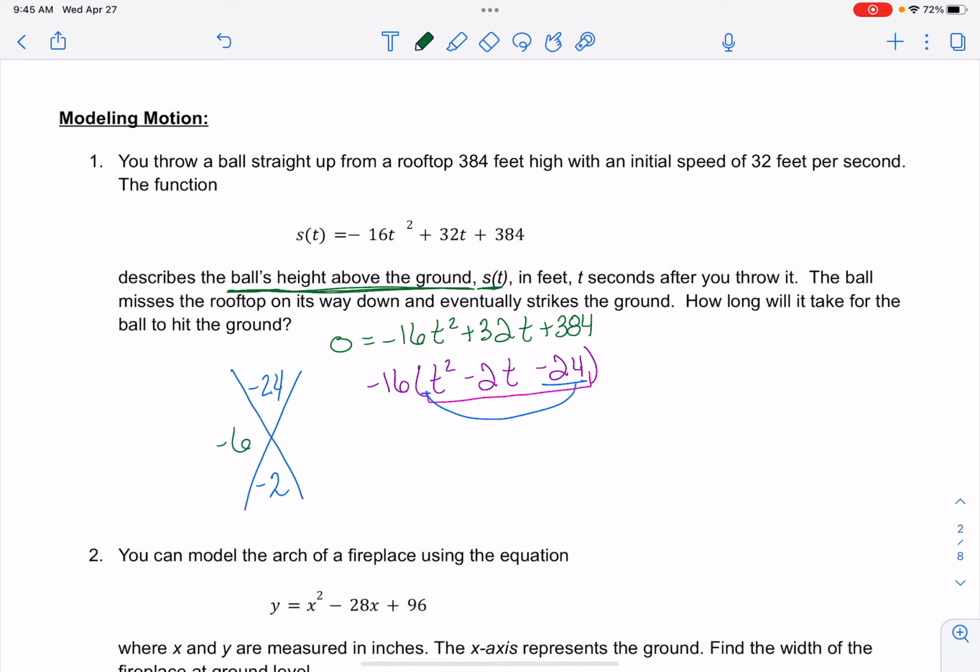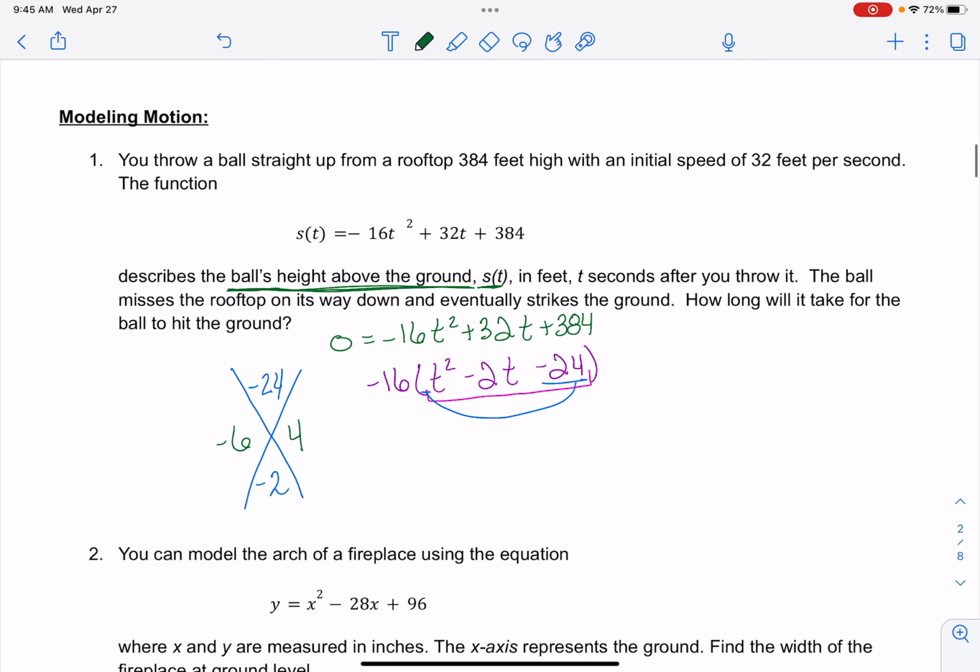In this case, that's going to be negative 6 and positive 4. Negative 6 times positive 4 is negative 24, and negative 6 plus 4 is negative 2. So this negative 16 just stays out front. And then we have t squared minus 6t plus 4t minus 24.